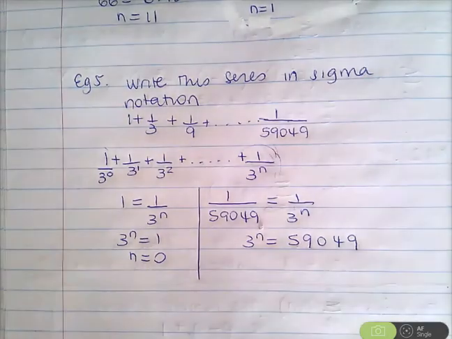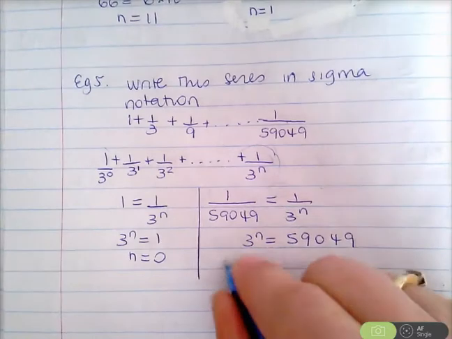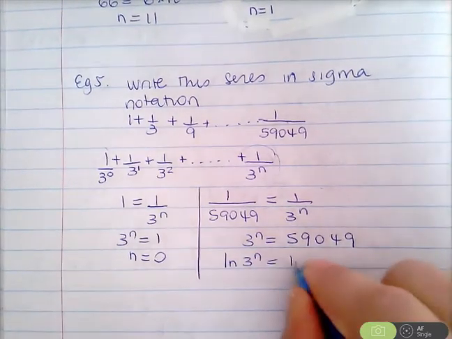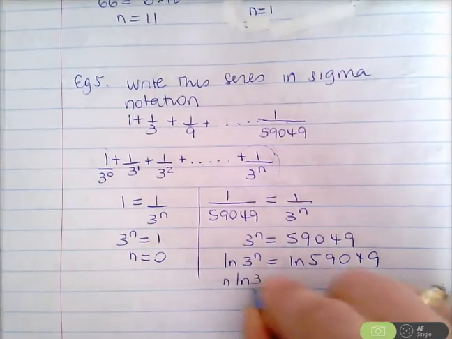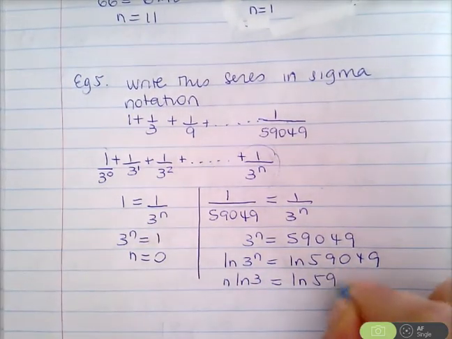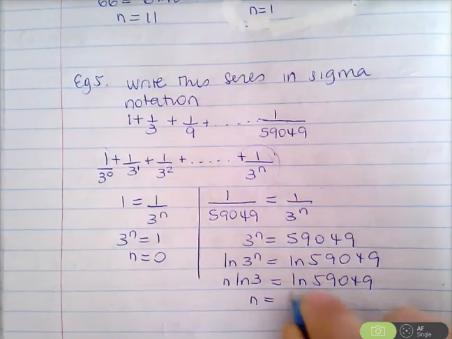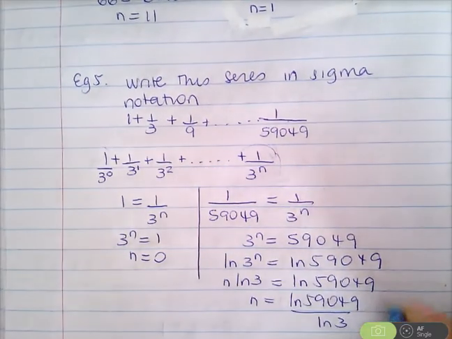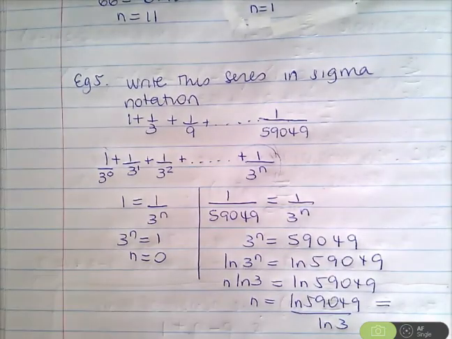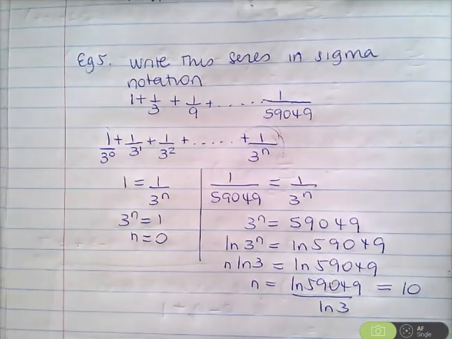You could either take logs of both sides here, or you could guess. We'll take logs of both sides, so ln 3 to the power of n equals ln 59049. So n ln 3 equals ln 59049. Therefore, n equals ln 59049 over ln 3. And if we work that out, we get n is 10, okay?